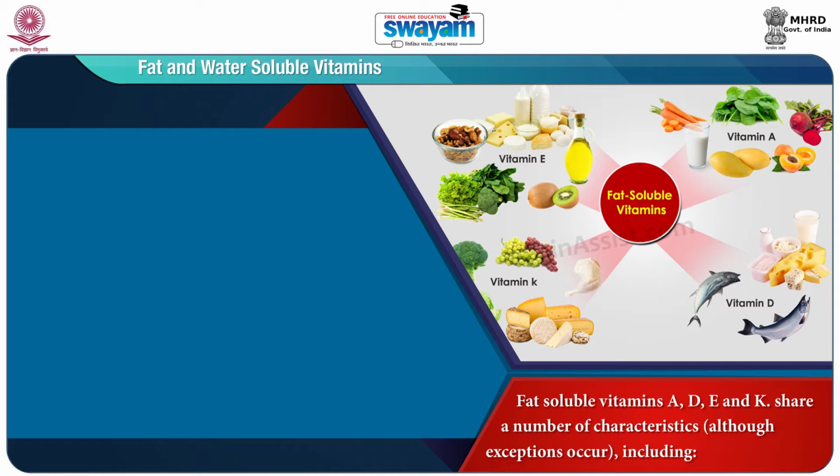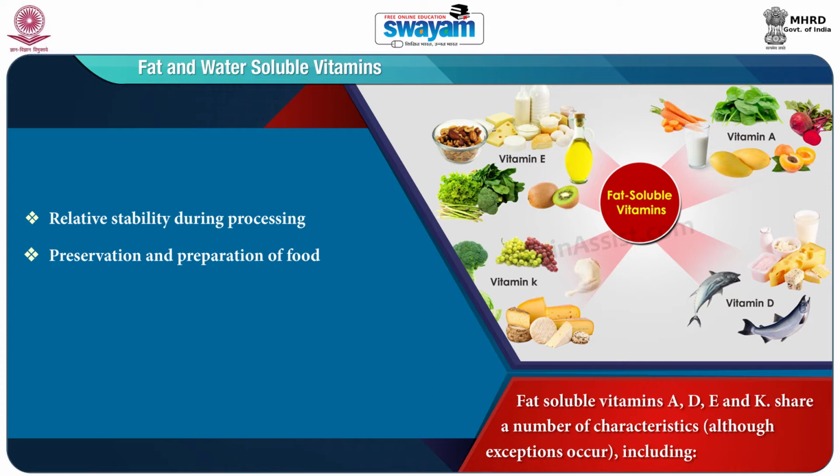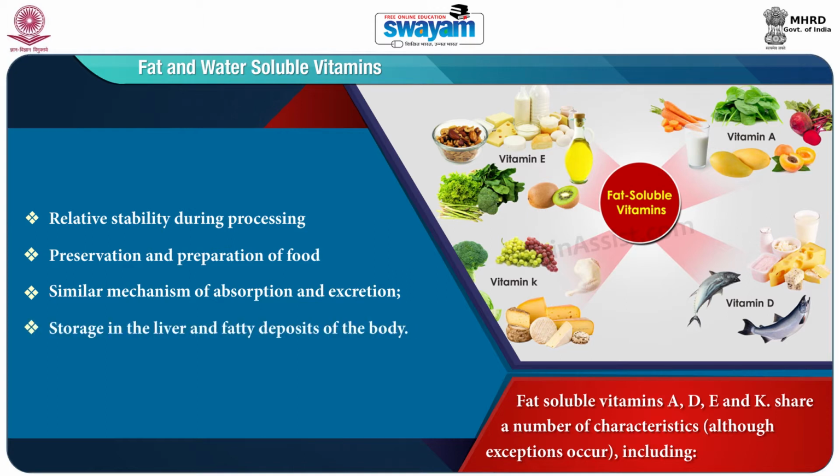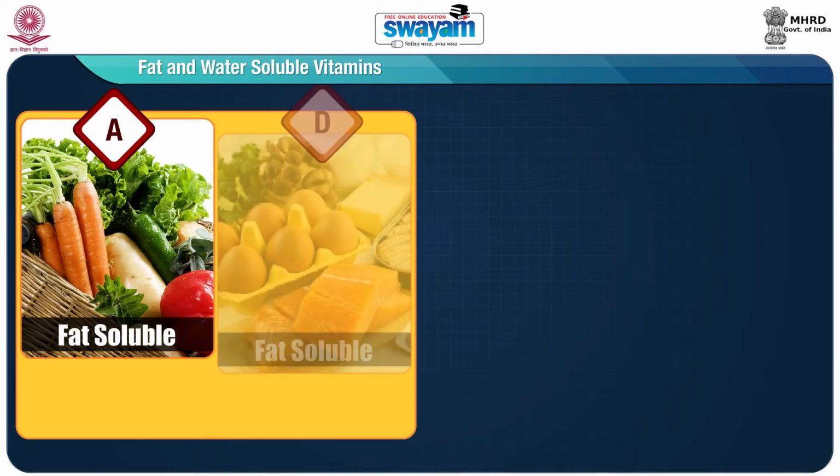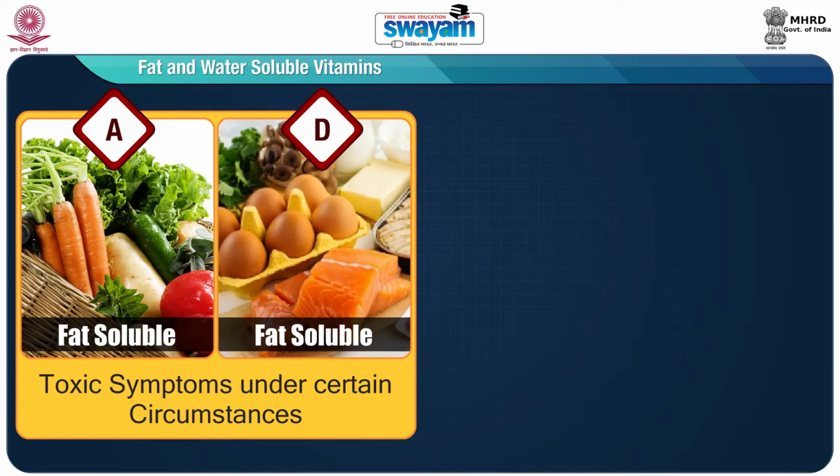They share a number of characteristics, although exceptions occur, including relative stability during processing, preservation and preparation of food, similar mechanism of absorption and excretion, and storage in the liver and fatty deposits of the body. Excess consumption of vitamin A and D produces toxic symptoms under certain circumstances.